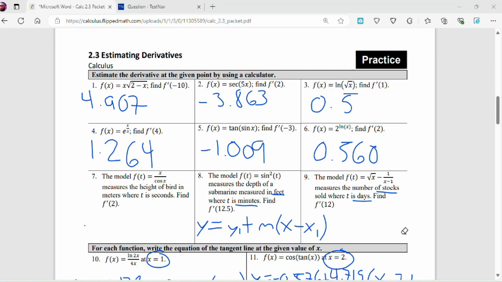Hello everybody, this is 2.3 estimating derivatives, and if you're wondering why there are answers on the worksheet, it's because I was close to finishing the video and it abruptly ended. I was probably over 20 minutes and it just stopped.